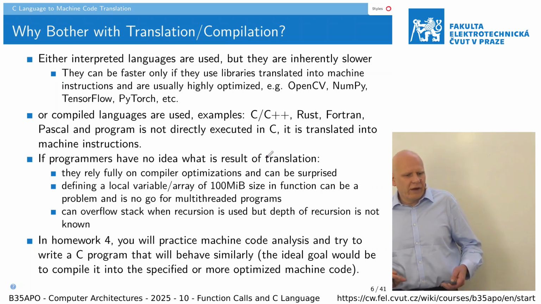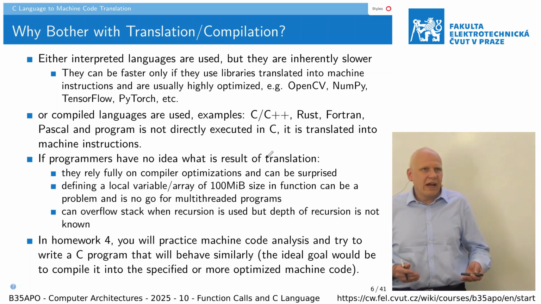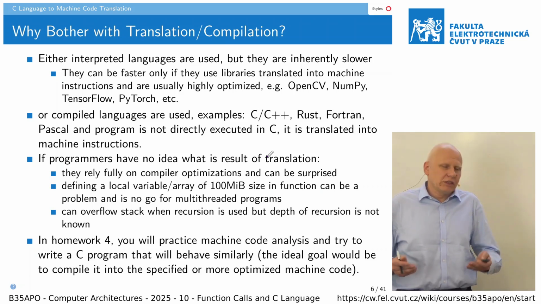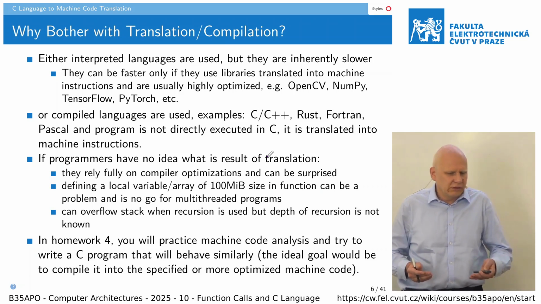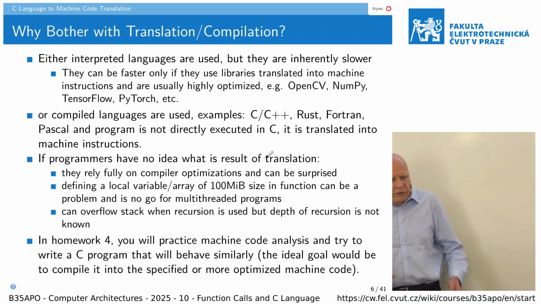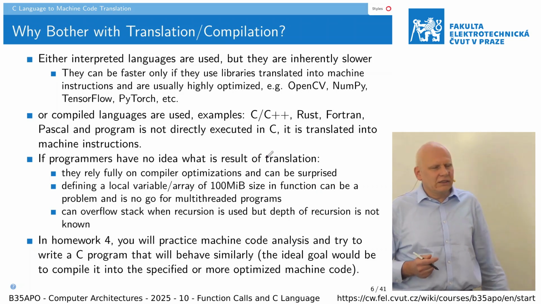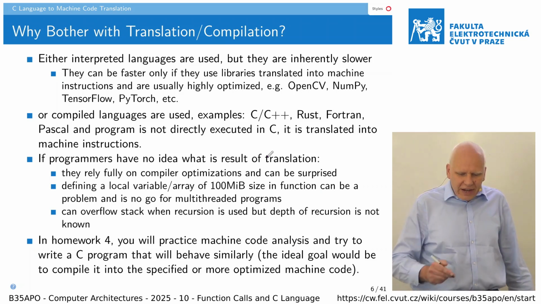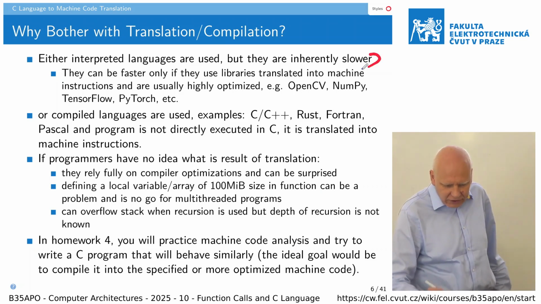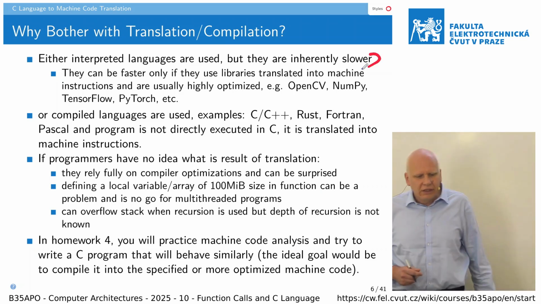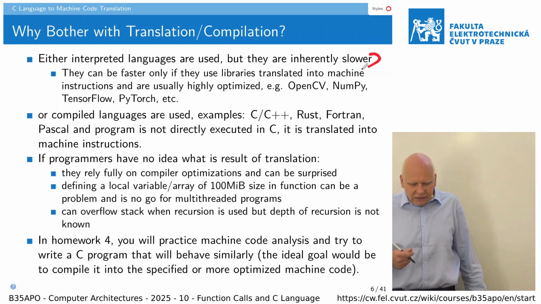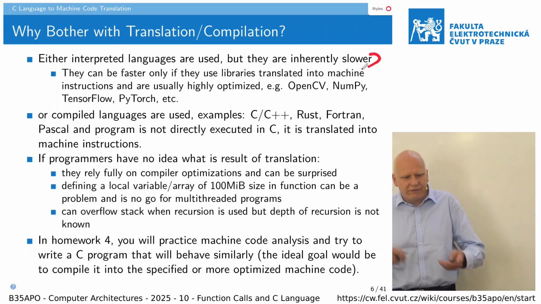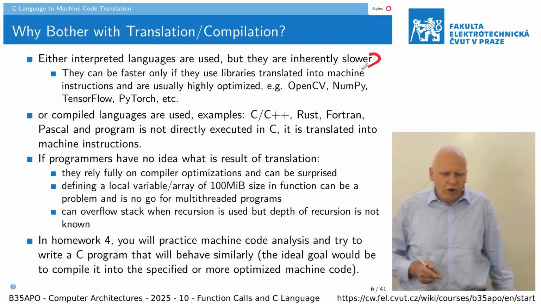And why bother with translation, compilation? We could write even an interpreter, for example, in assembly language or even in some other language, which would interpret directly the C source code. But it would be very inefficient, very, very slow, because it needs to find the text, decode the text, and so on, and then find which operation should be called, and so on.